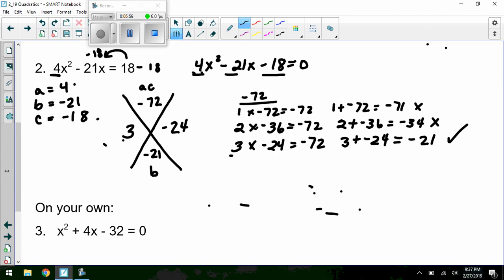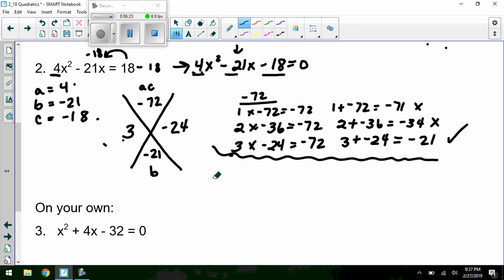So at this point, I know how I'm going to rewrite my middle term. This is the part that is different from when a equals 1. I'm going to go back to my original problem and rewrite this middle term.